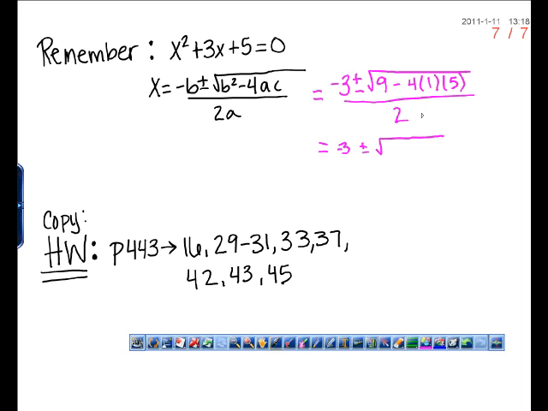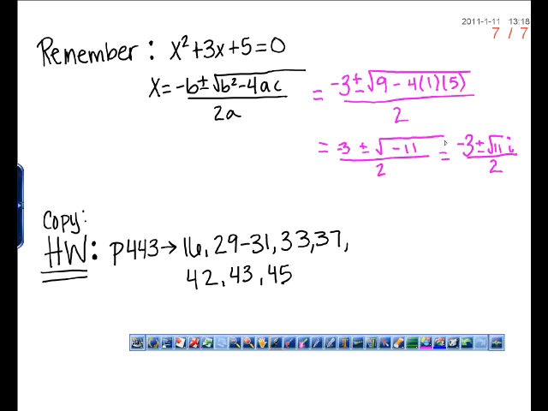What's 9 minus 20? Negative 11, over 2. What's the only way I can simplify this further? Yeah, negative 3 plus or minus the square root of 11 i over 2.